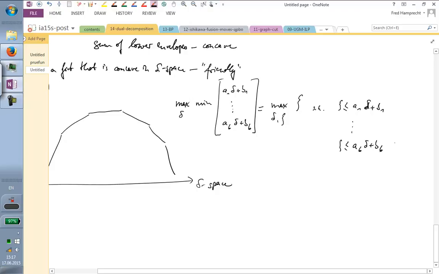So in this case, 6 inequalities, and I can rewrite this in standard form like this.